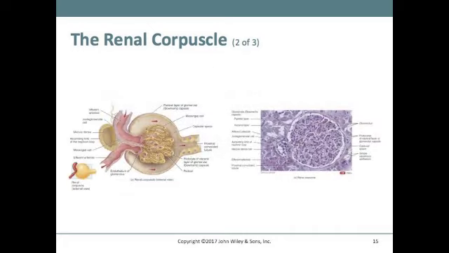And if we look at the next slide, we find this cartoon on page 1052, figure 26.6. And this cartoon shows great detail of the renal corpuscle, including its glomerulus and its glomerular capsule. And on the right, we view a light micrograph of the renal corpuscle.